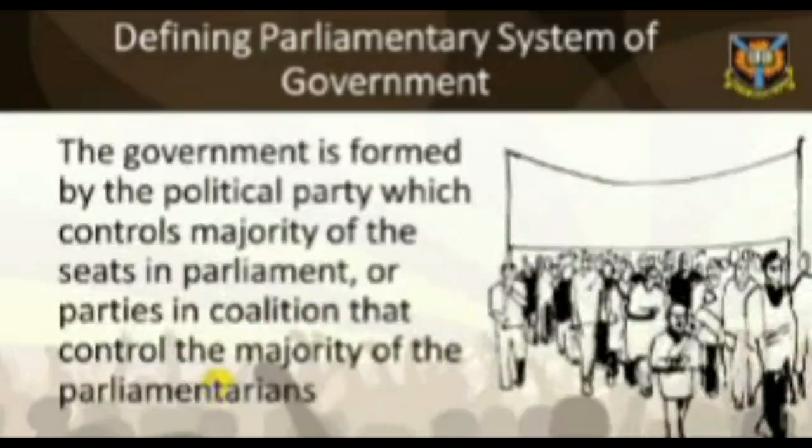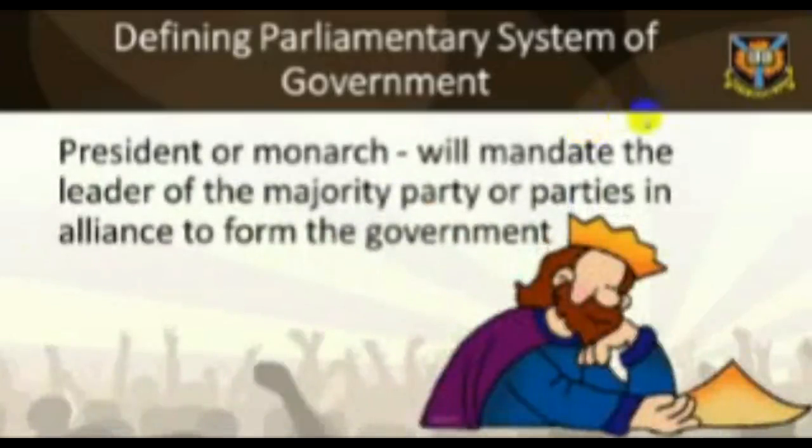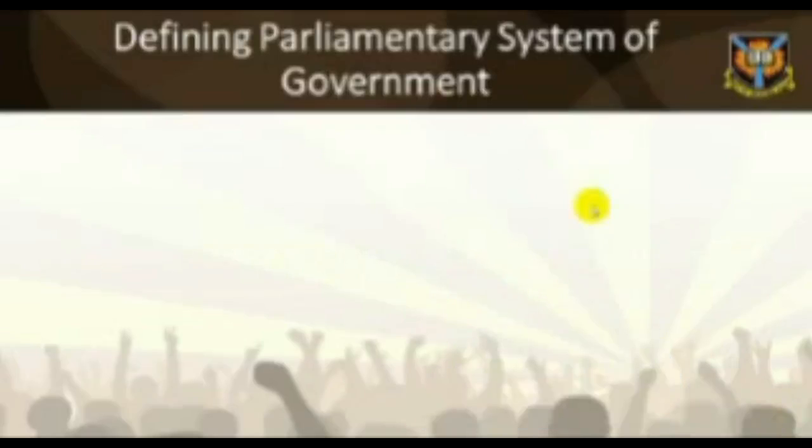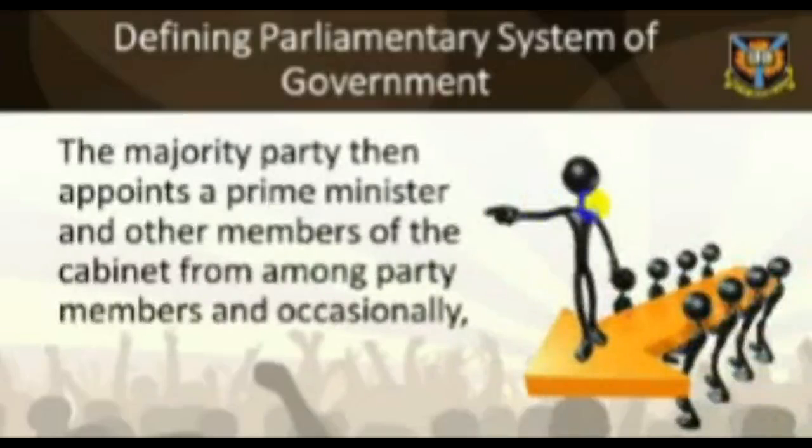The government is formed by the political party which controls the majority of the seats in the parliament, or parties in coalition that control the majority of the parliamentarians. The chief executive or president or monarch will mandate the leader of the majority party or alliance to form the government.